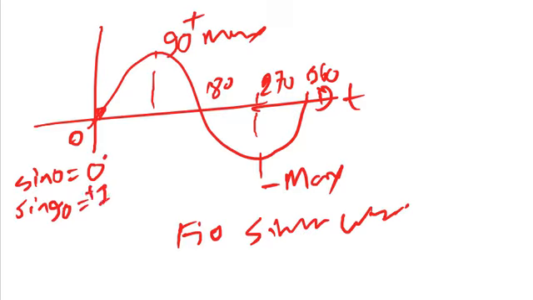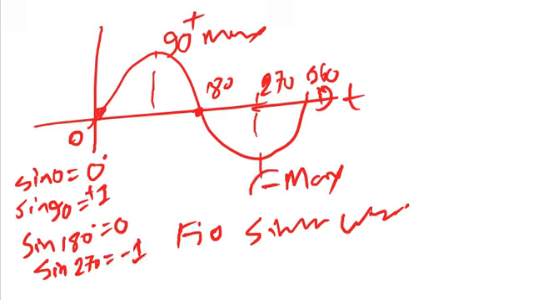Okay, another: sine 90 degree equals positive 1. That means when we take 90 degree, it will give us the maximum positive 1. And also sine 180 degree is 0. Also this 0 point is the baseline, attached again at the 0 point. Also sine 270 degree is minus 1, the maximum negative.